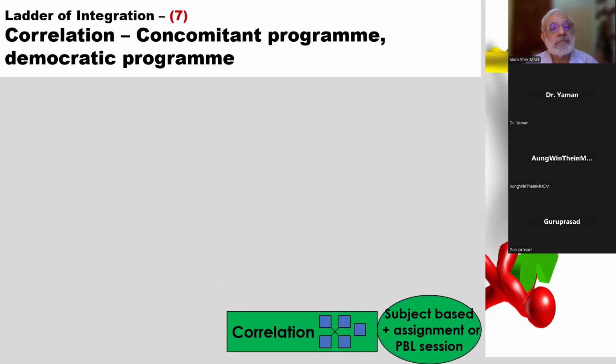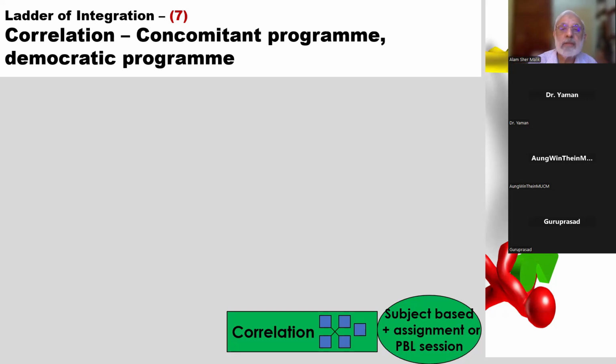Level 7 is correlation, a concomitant program. And here, although it's subject-based, apart from the joint sessions, it moves to having, for example, common assignments, and also introducing problem-based learning sessions.